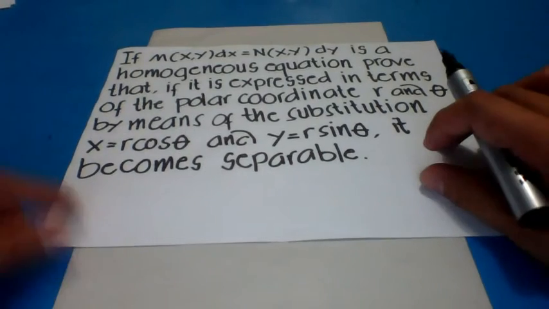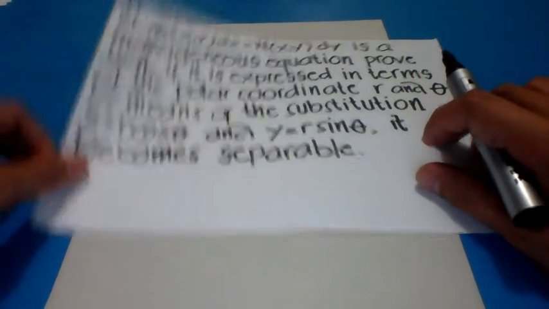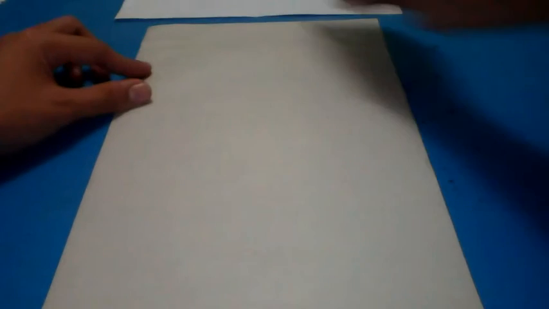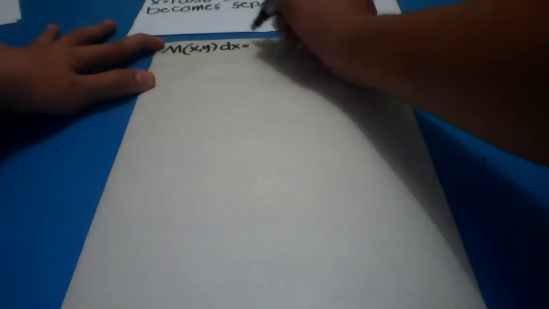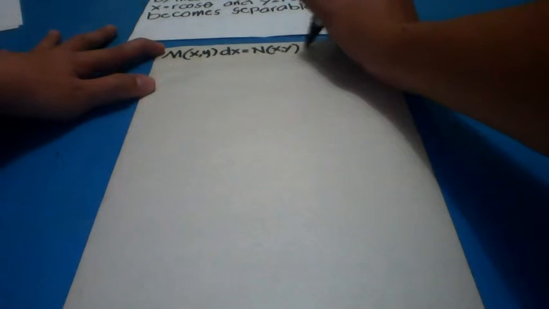To solve this, I'm going to write first the equation, M(x,y) dx is equal to N(x,y) dy.